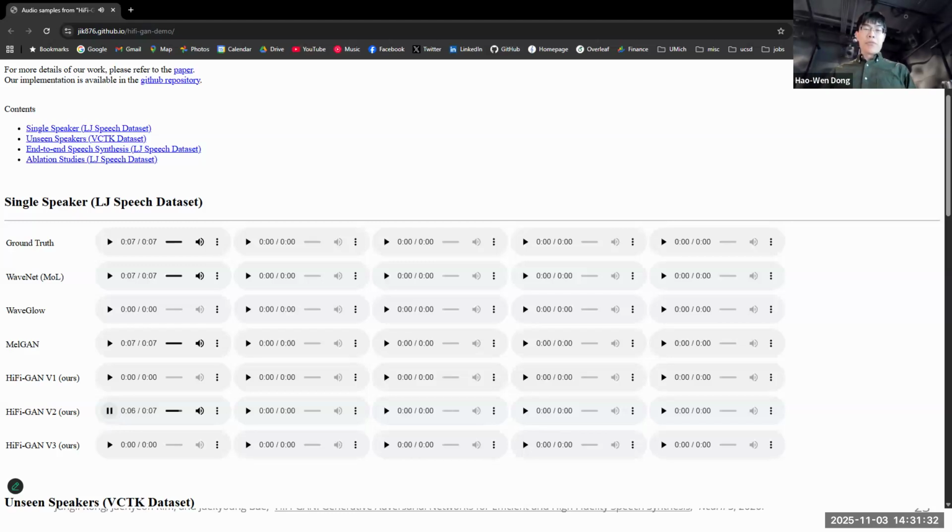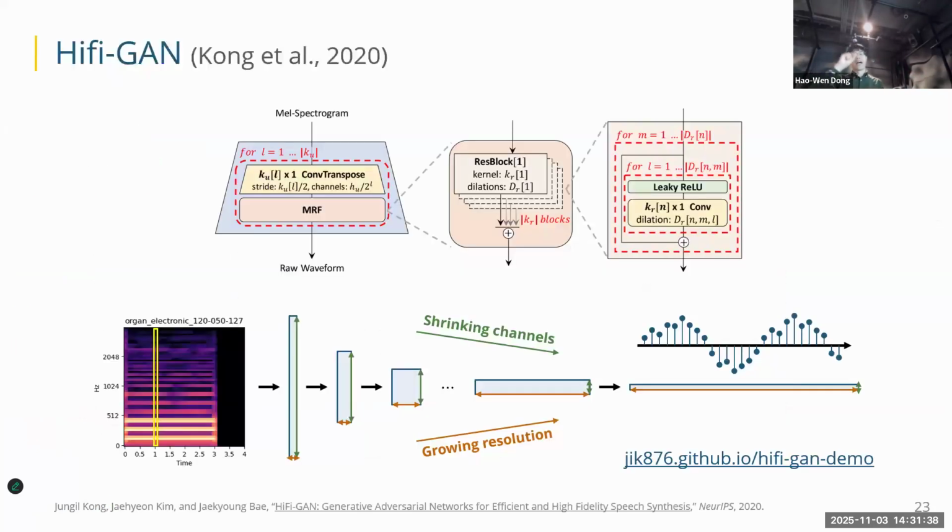Anyway, you can see the tiny nuance in the vocal, especially the higher frequency part that most of these vocoders are struggling with. Anyway, this is how you can do this vocoder thing where you can generate the spectrogram. If you can do the spectrogram generation, then you can generate the waveform.